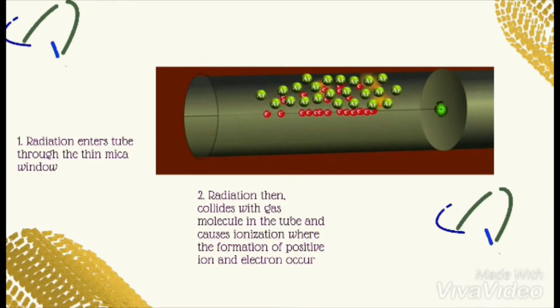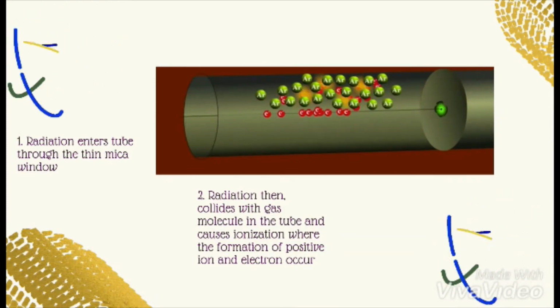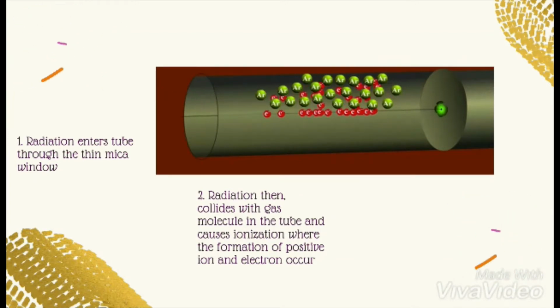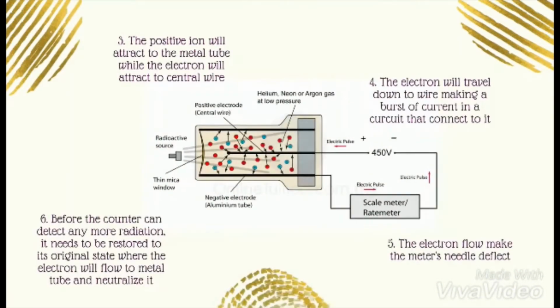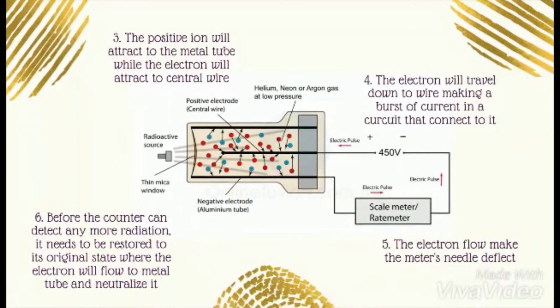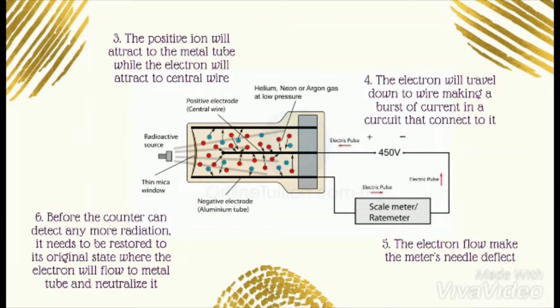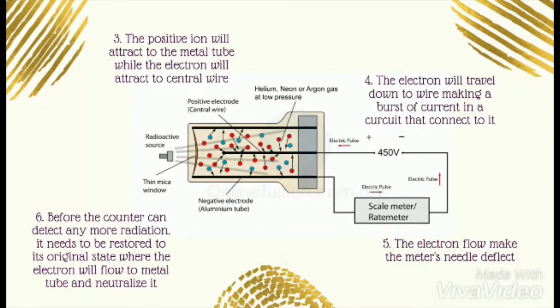The radiation then collides with the gas molecules in the tube and causes ionization, where a positive ion and an electron are formed. The positive ion is attracted to the metal tube, while the electron is attracted to the central wire. The electron then travels down the wire, making a burst of current in the circuit that connects to it.